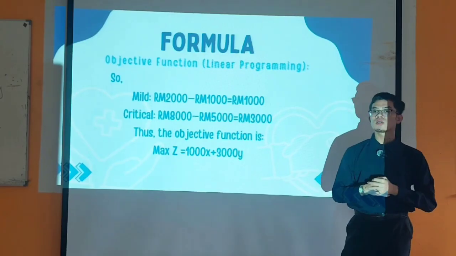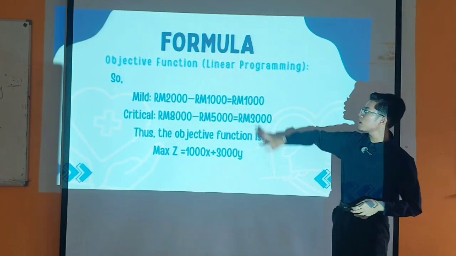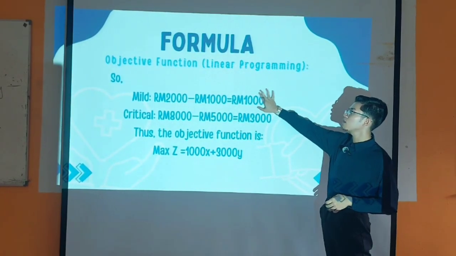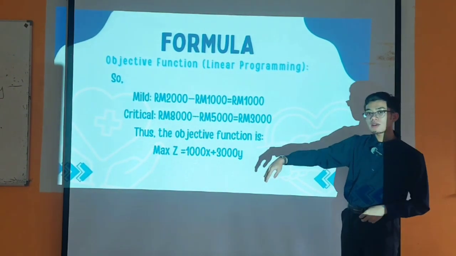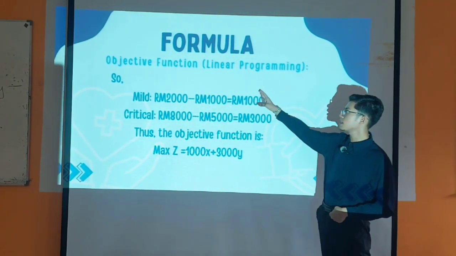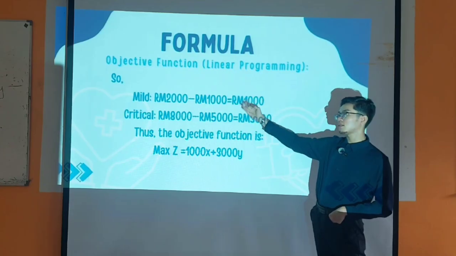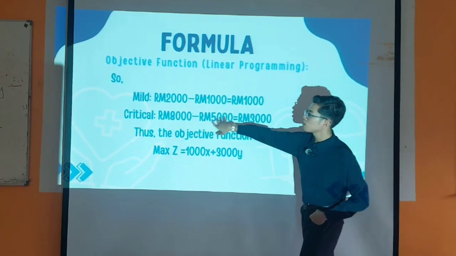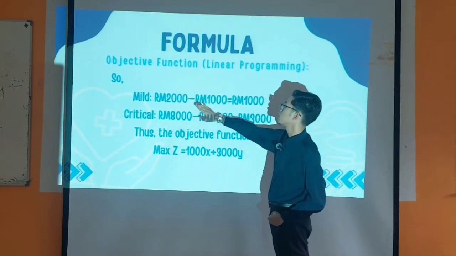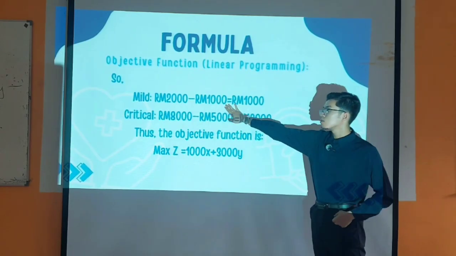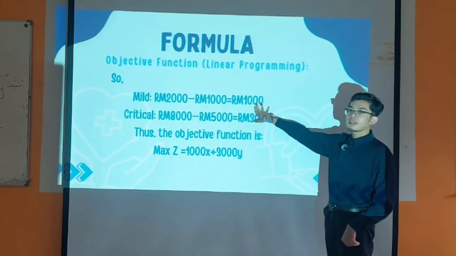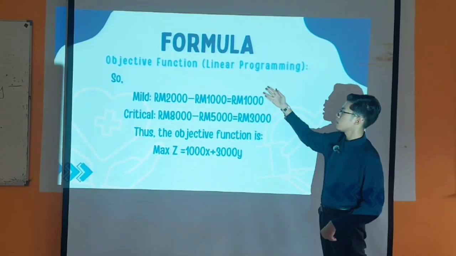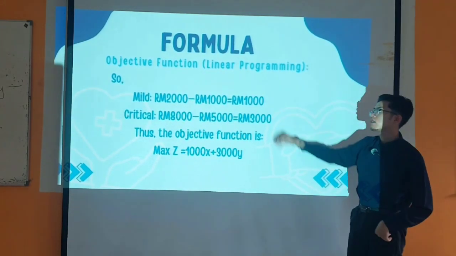For the result, for the mild cases we use the formula from the previous slide and just substitute: 2,000 minus 1,000, so the profit for mild cases is 1,000 ringgit.